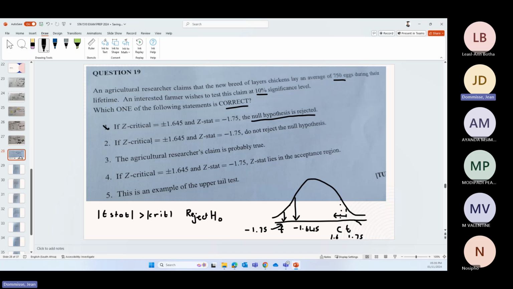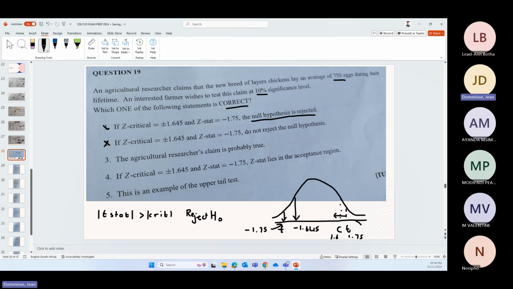If Z critical and Z stat do not reject the null hypothesis, so that one is incorrect. The agricultural researcher claim is probably true.